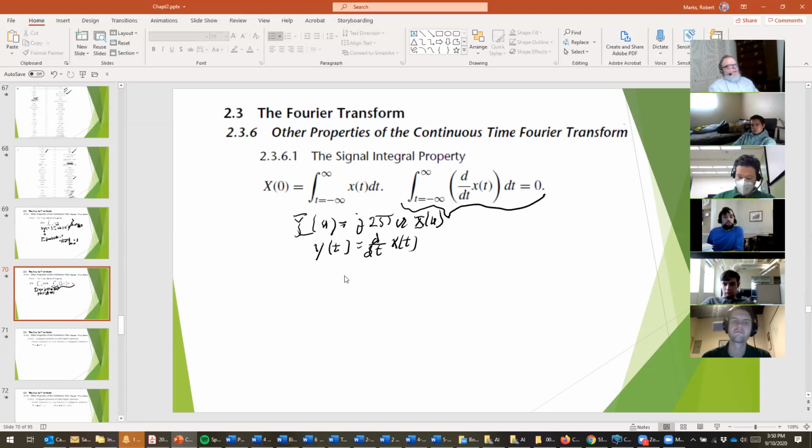That's the derivative theorem. What this says, interestingly, is that the integral from minus infinity to infinity of y of t is equal to y at 0.